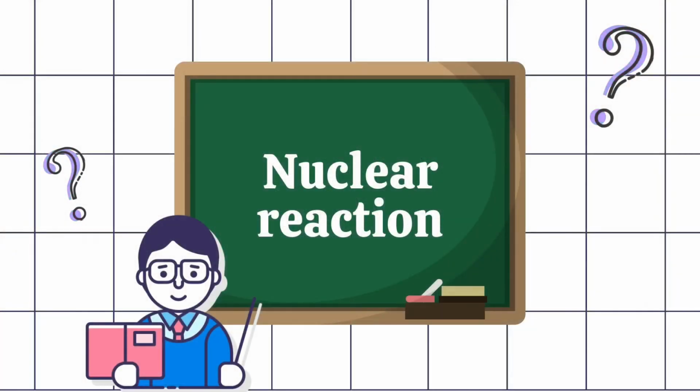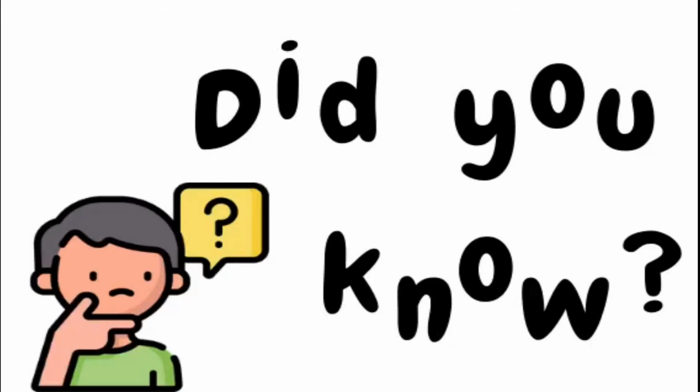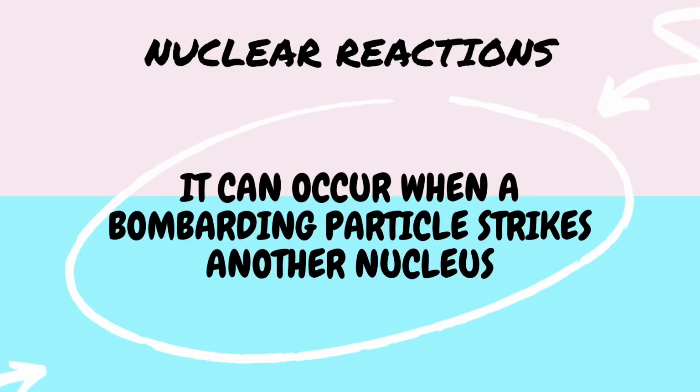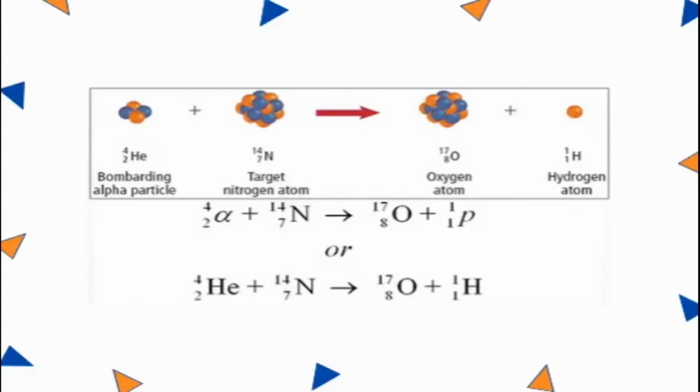Hi guys, now let's move on to nuclear reactions. Did you know that it's possible to change the structure of nuclei? These changes are called nuclear reactions. Nuclear reactions occur when a bombarding particle strikes another nucleus. This equation says that an alpha particle strikes a nitrogen nucleus and produces an oxygen and a proton, which is hydrogen.